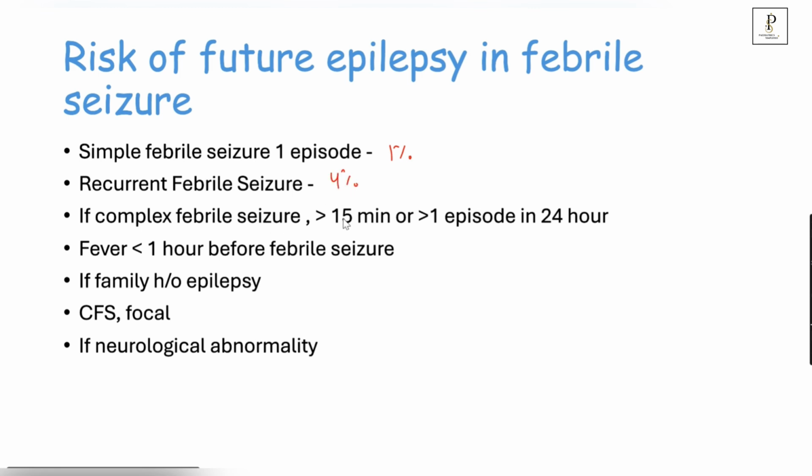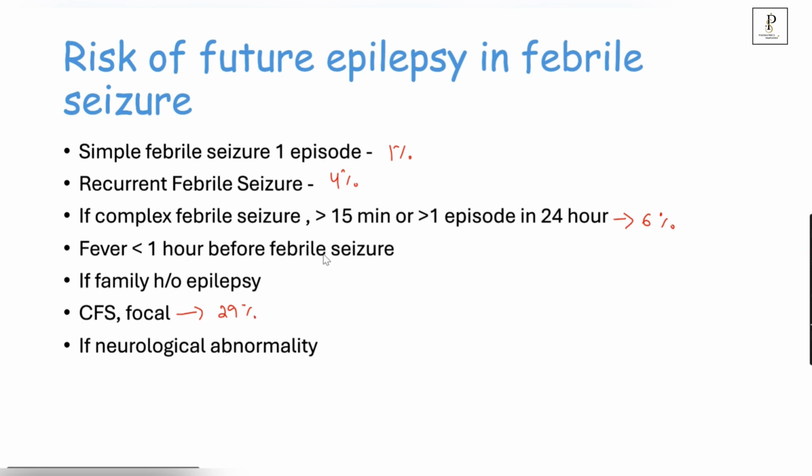If it is a complex febrile seizure because of duration more than 15 minutes or more than one episode in 24 hours, then the risk will be like 6%. If it is a complex febrile seizure because it is a focal seizure, then the risk of developing epilepsy is 29%.